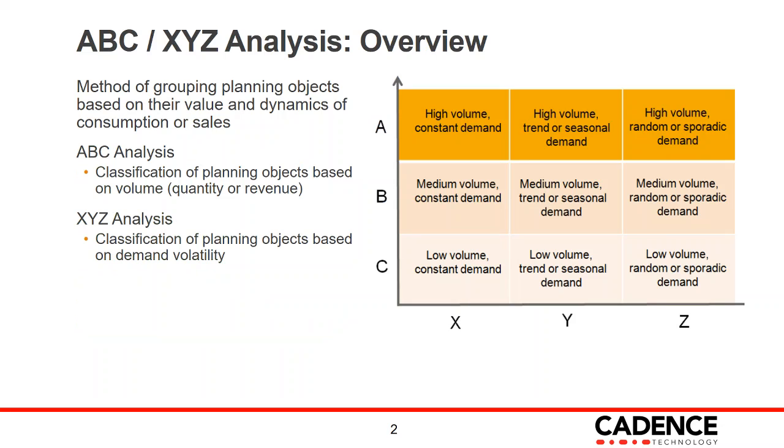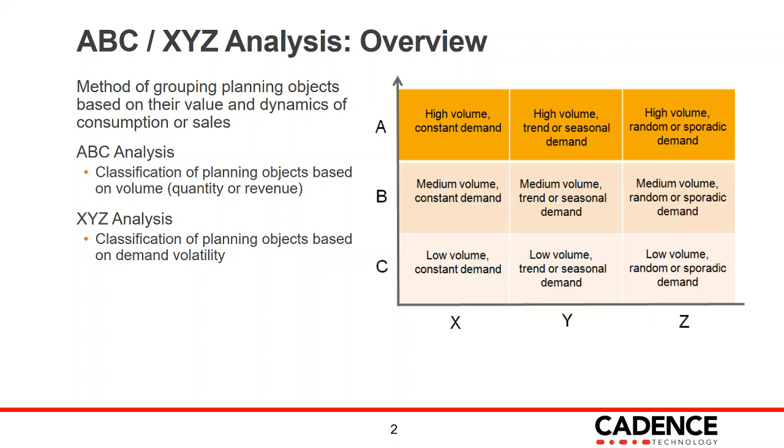Okay, to start out, ABC XYZ Analysis is really just a grouping methodology for sales history. The goal here is to look at sales history at a very low granular level, from the lowest level planning objects, and then group it in terms of two factors. One would be the importance or the value, and that's the ABC analysis.